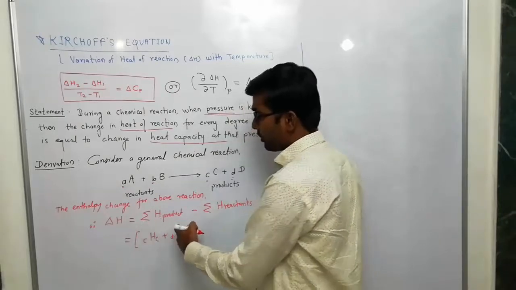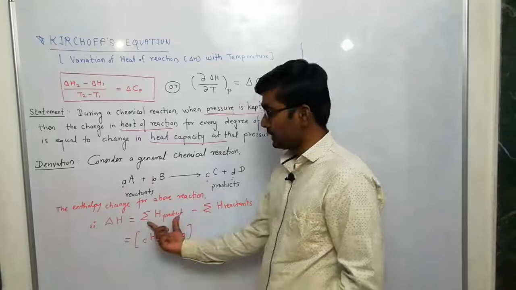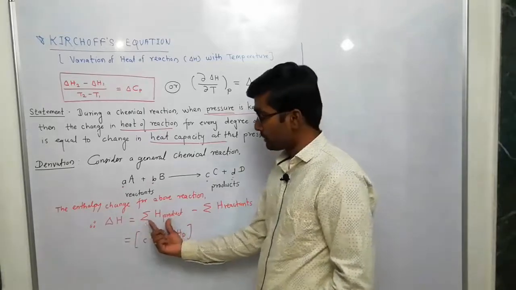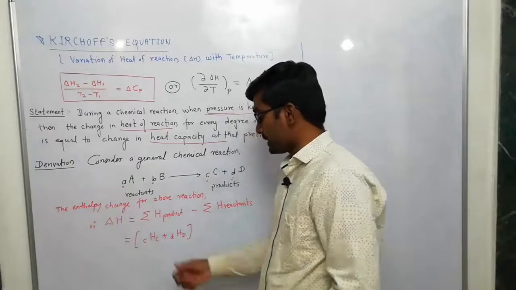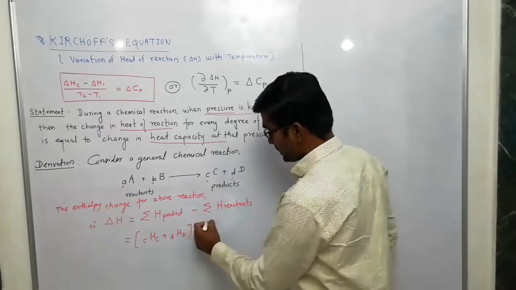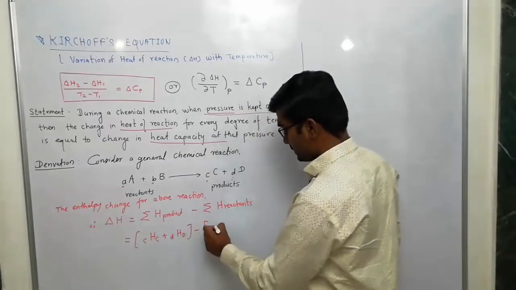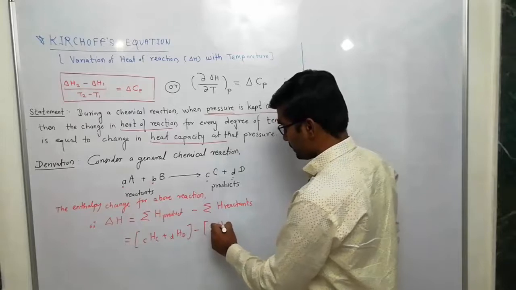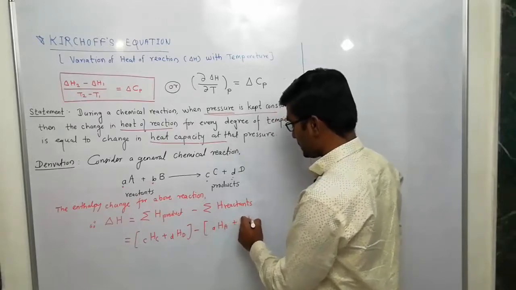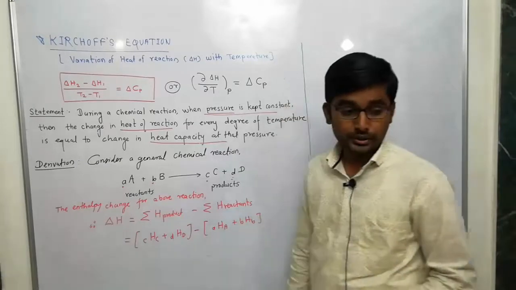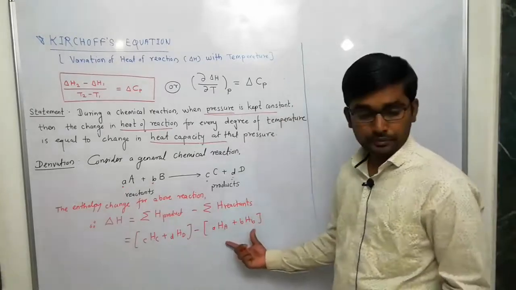This is the meaning of the summation of the enthalpy of the products: HC plus HD, minus, in square brackets, small a times HA plus small b times HB.